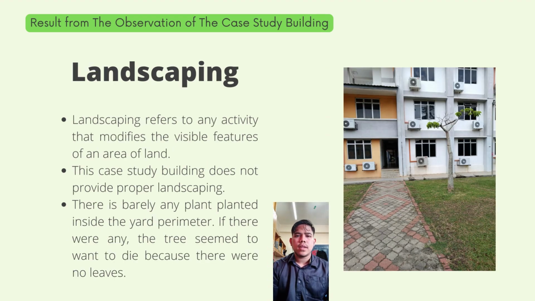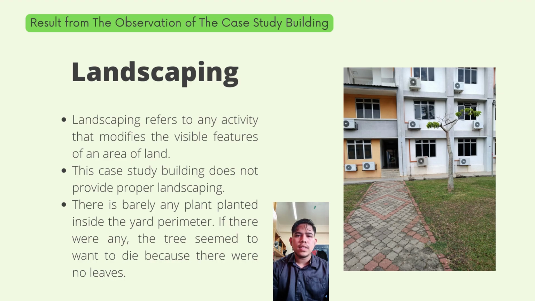Next is landscape. Landscaping refers to any activity that modifies the visible features of any land. Although it is not just about plants and horticulture, landscaping calls for a certain level of artistic design and horticulture knowledge. The use of landscaping can also be seen in the sculpting of land to improve usability.